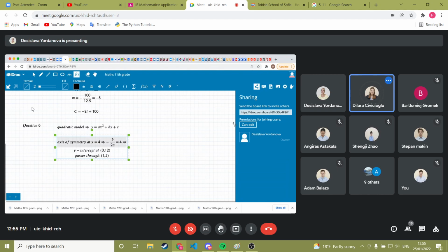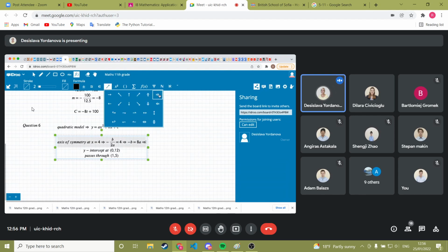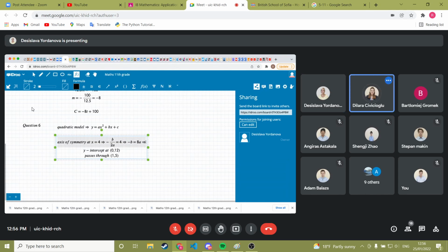If we move the 2a across, it's gonna be multiplication, so it's gonna be 8a. So minus b equals 8a. Okay, and in order to put it later into the calculator, how have we to write it? Okay, we'll discuss it in a while.